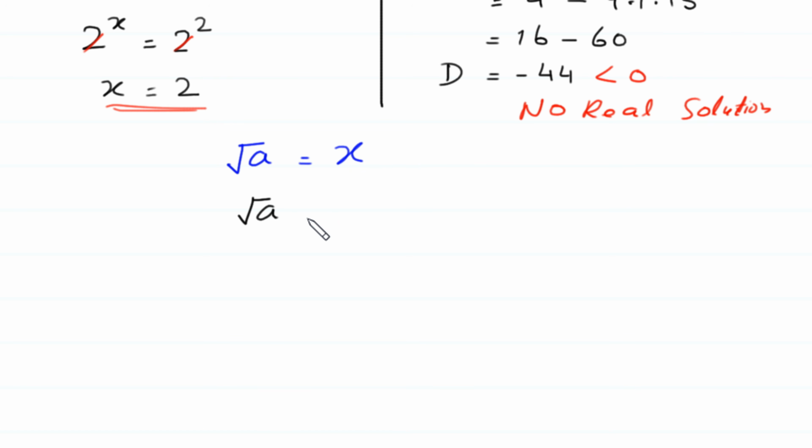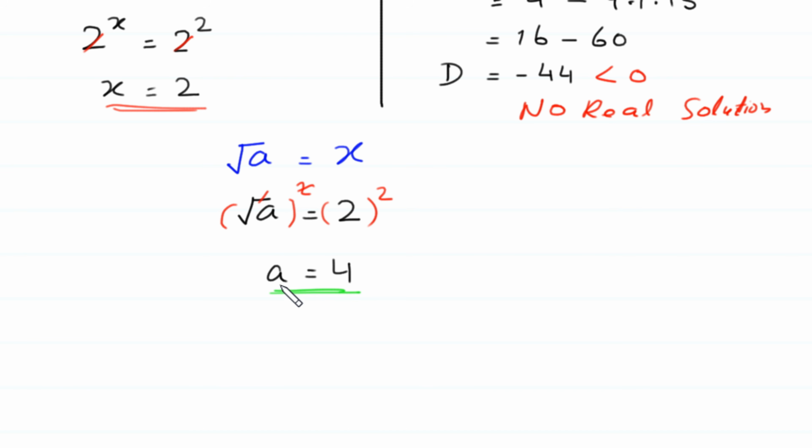Square root of a is equal to the value of x 2. To find the value of a, we take square of both sides. This square will be cancelled with this square root, and a is equal to square of 2, which is 4. This is the final answer, the value of a is 4.